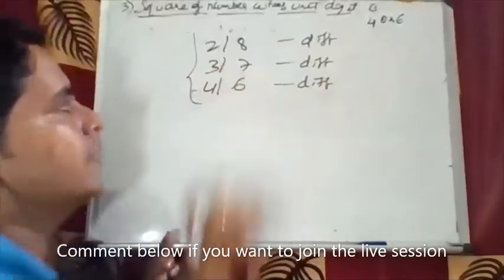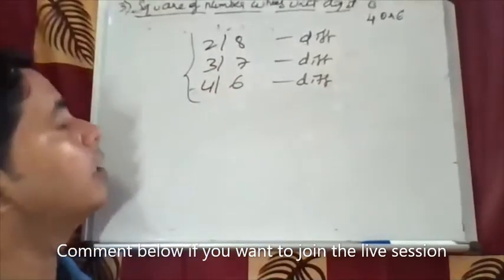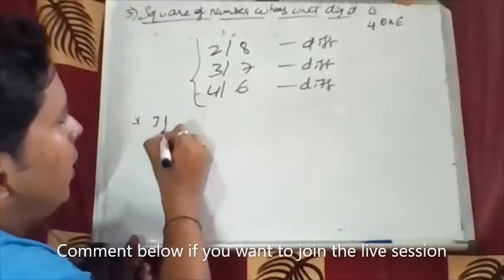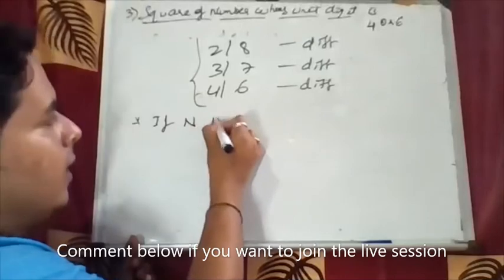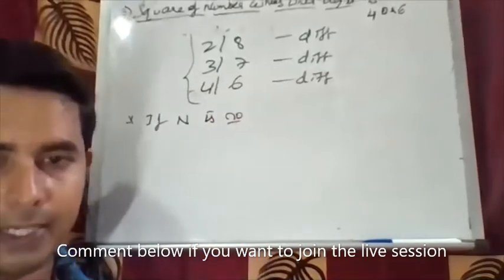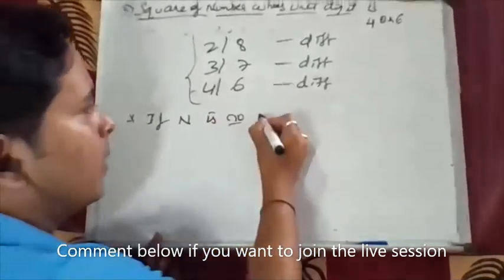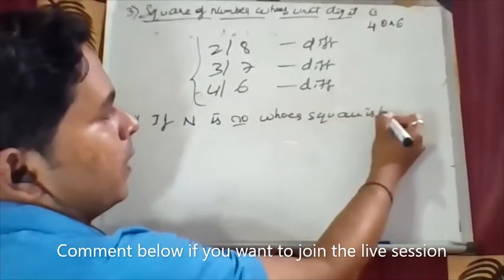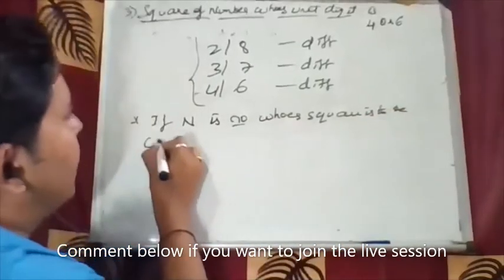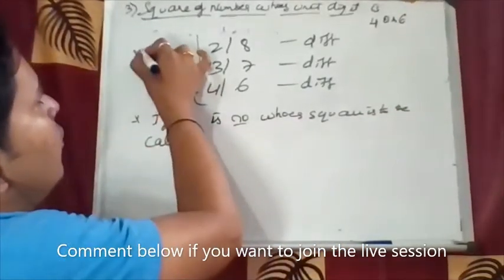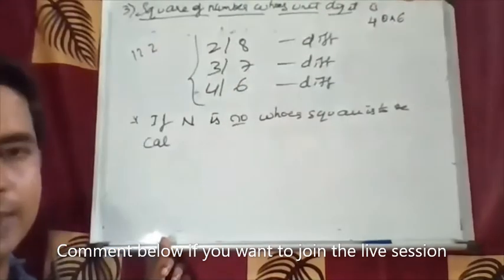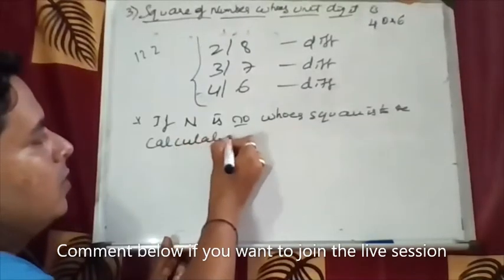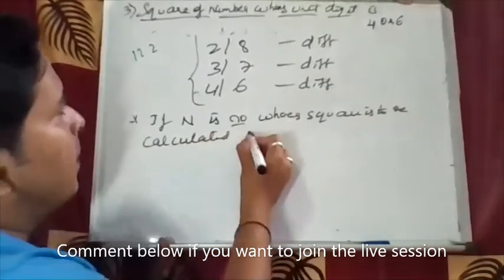So keeping in mind these three rules, what we can say, if n is the number whose square is to be calculated. हमको क्या करना है? अभी देखो, if it is 122, n is the number, इसका मुझे square calculate करना है. इसका base number क्या आता है?